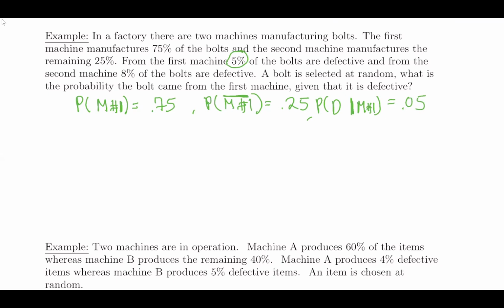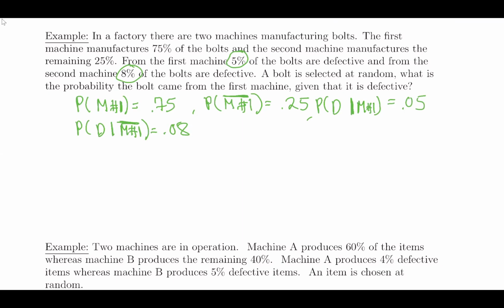And then for the 8%, the probability it is defective given it came from machine number two is 0.08. All right, any questions on the labeling for 0.05 or 0.08?